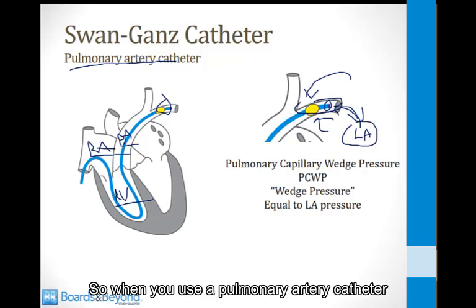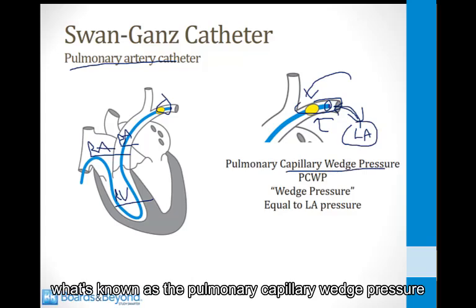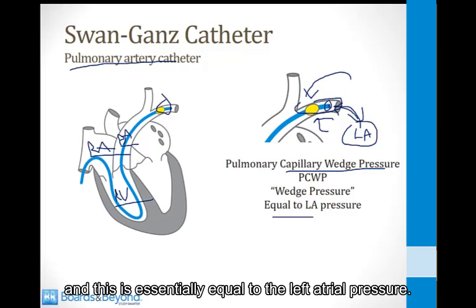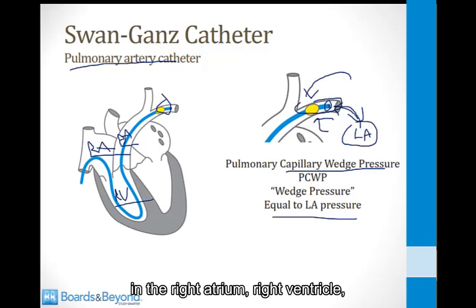So when you use a pulmonary artery catheter and you wedge it, you measure what's known as the pulmonary capillary wedge pressure, and this is essentially equal to the left atrial pressure. So what this means is that by using the Swan-Ganz catheter, we can measure the pressure in the right atrium, right ventricle, pulmonary artery, and left atrium, and using those four pressures, we can often determine the cause of shock.